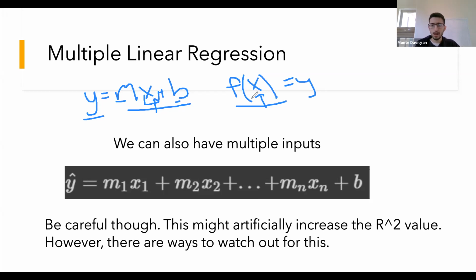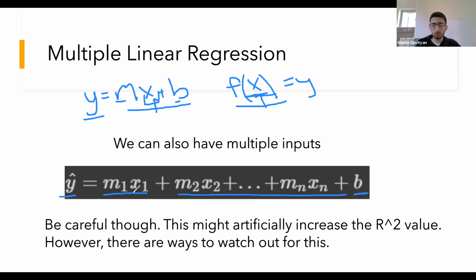We don't want to just have one variable x. We want multiple variables, and linear regression supports this. We start off with our y, our prediction, and then it's very similar, but we have multiple mx's, and we still have our plus b, the y-intercept.